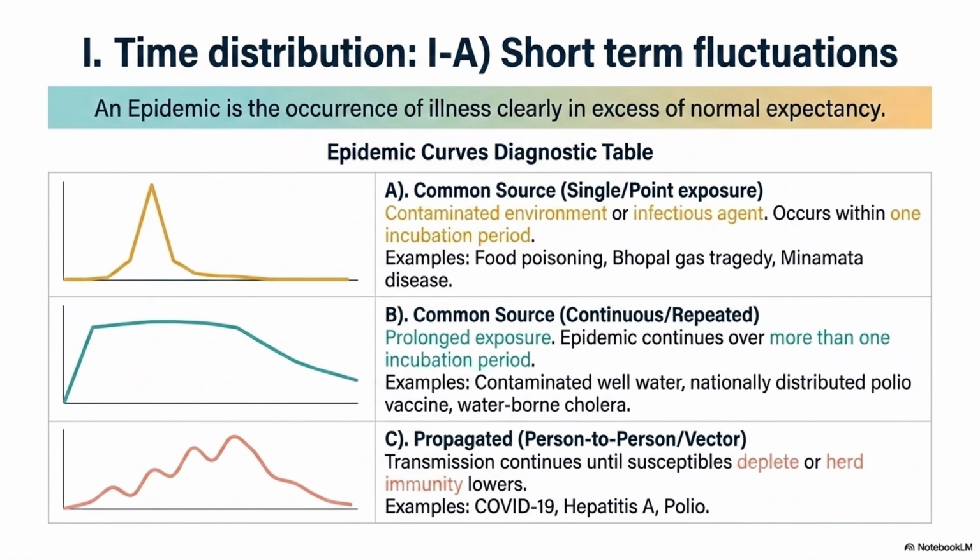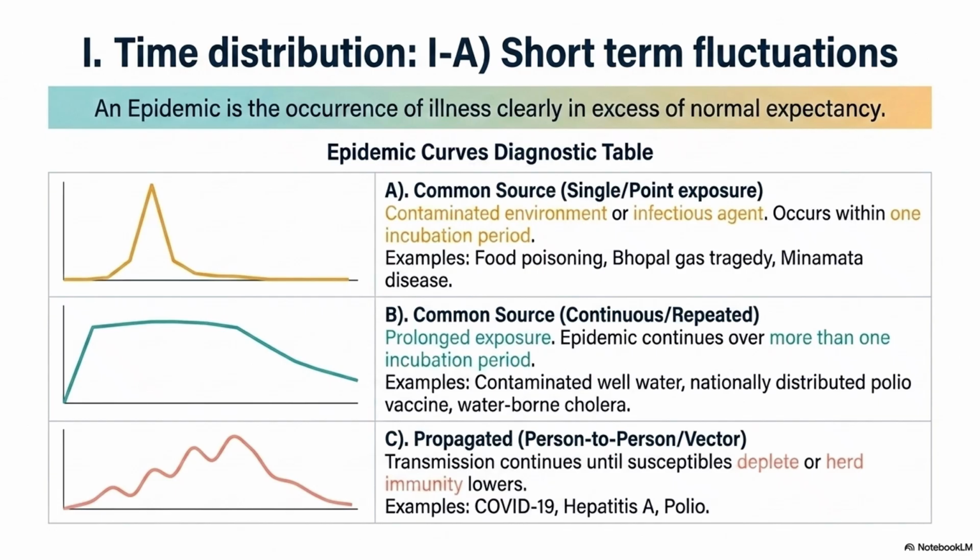But say for example, in a community there are no rabies cases till now, but suddenly one or two cases are occurring, means that is also outbreak only, because previously there are no cases and now one case happened. So even though it is one case, but it is clearly in excess of normal expectancy, so that is also outbreak.